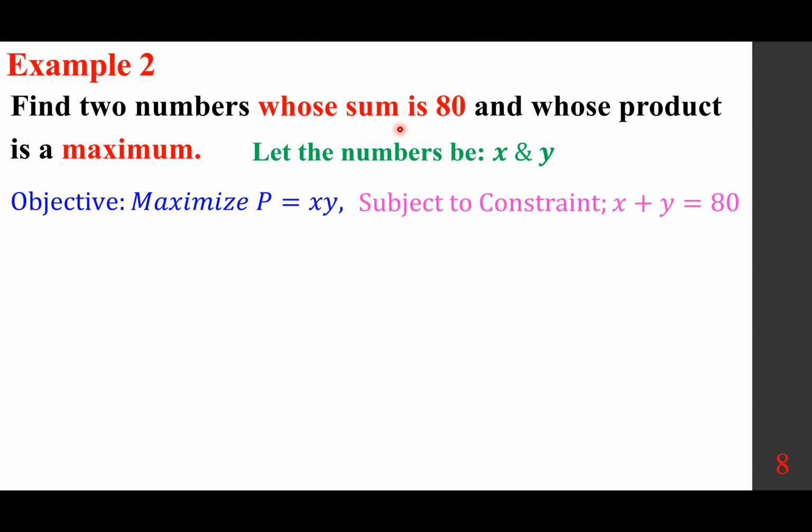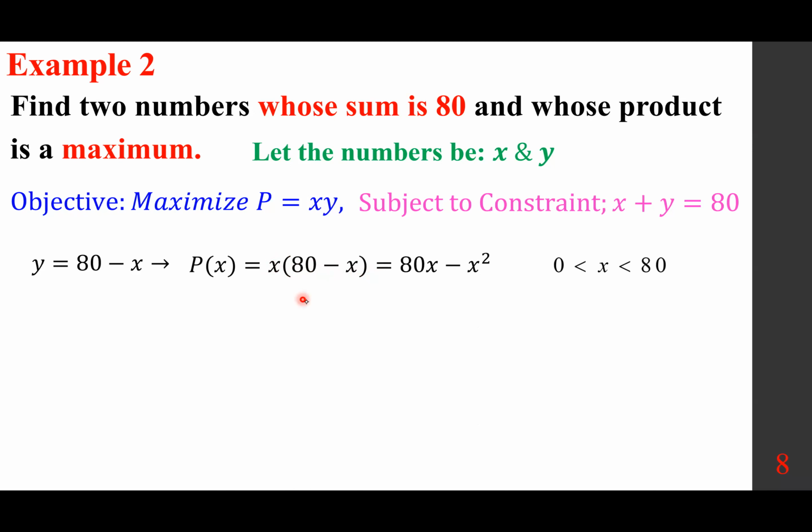We do the same thing as before. We solve for y, 80 minus x, and we put it here, because this is a function of two variables and now becomes a function of one variable. Because we want to maximize, we hope to avoid negative numbers as well as 0.